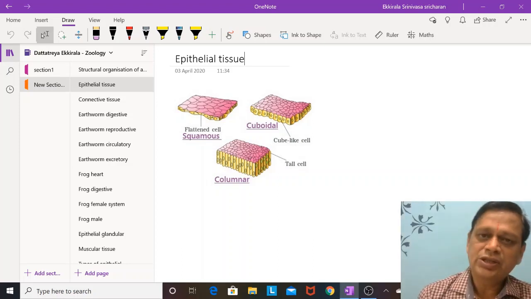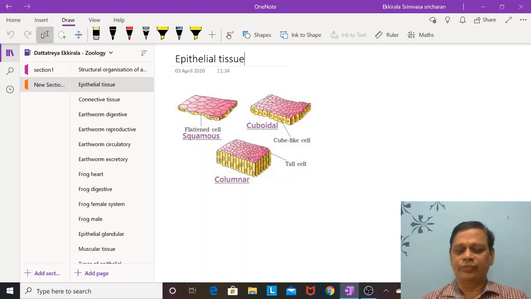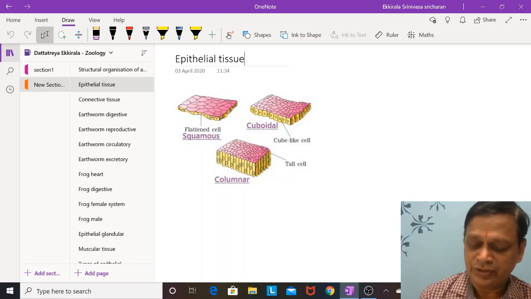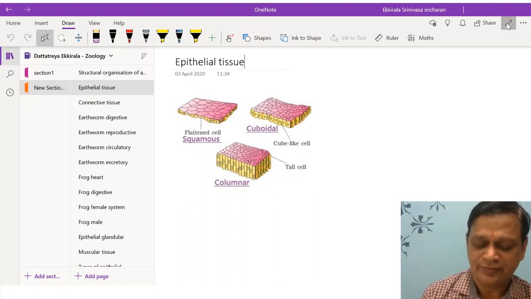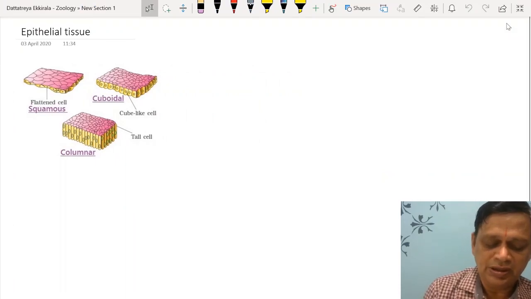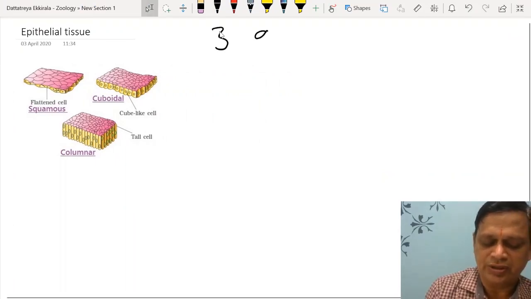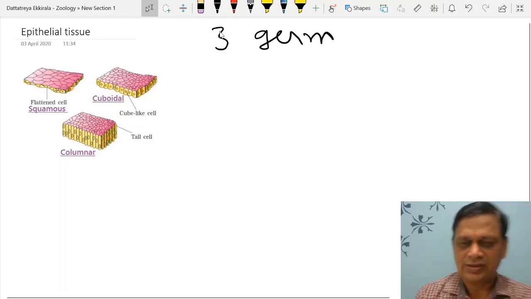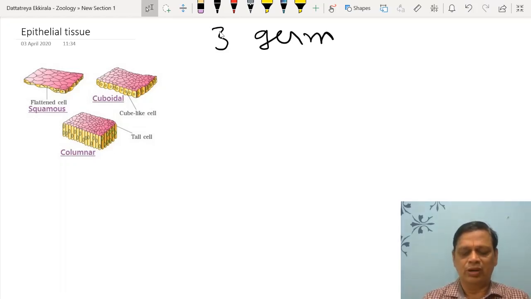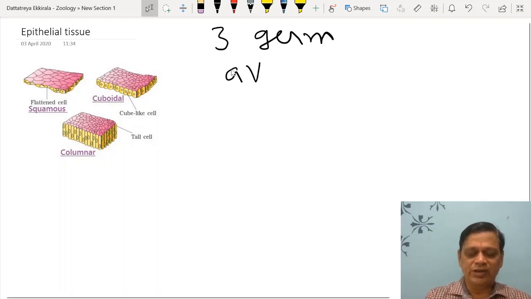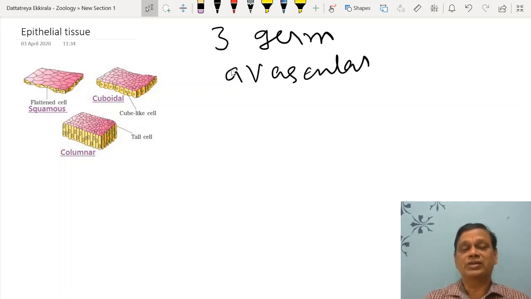And epithelial tissue can arise from any of the three germ layers, meaning ectoderm, endoderm or mesoderm. And they will be avascular in nature, so they do not show blood supply.